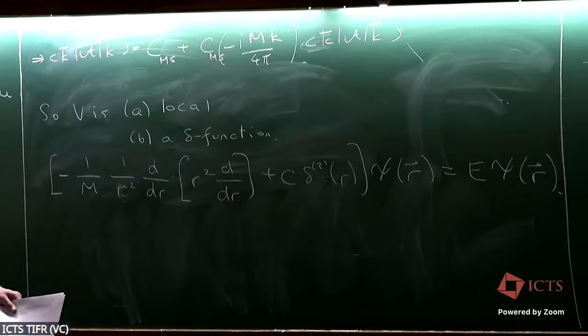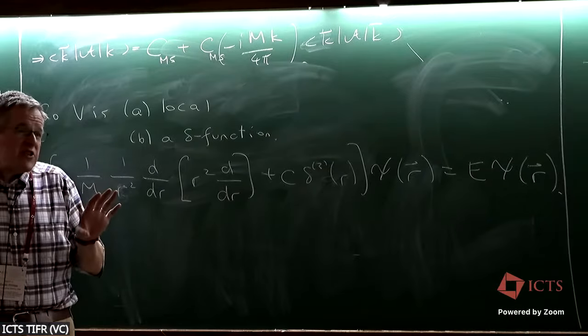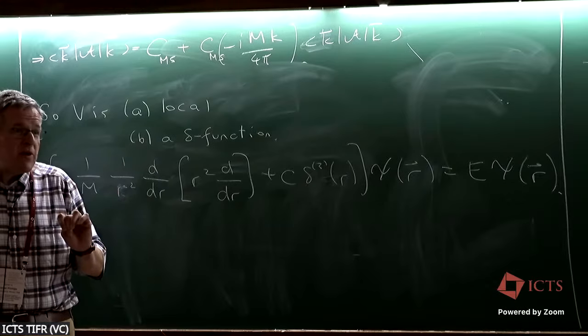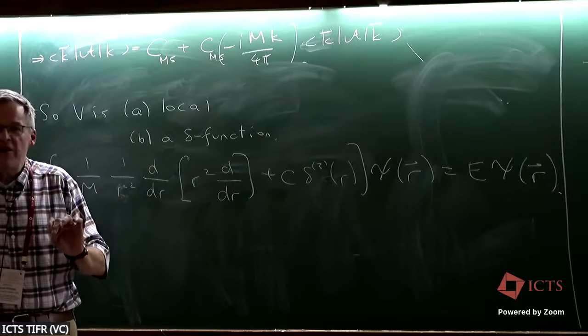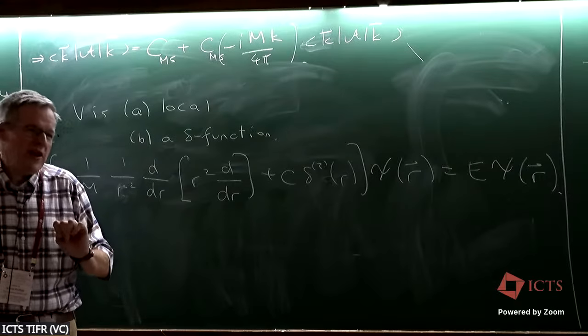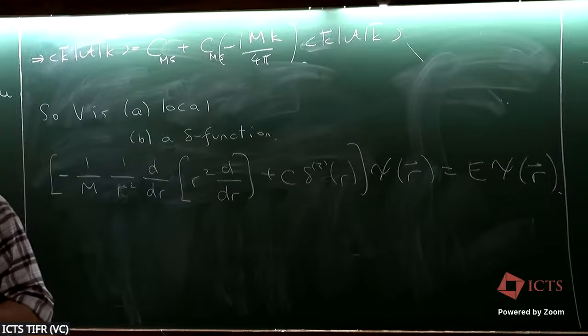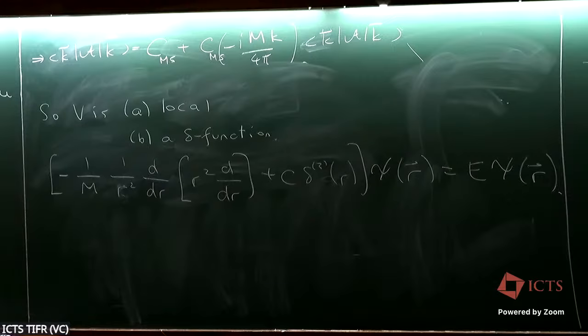I just did a little 20 minutes on delta functions with my E&M graduate class. And I said, what is the most important thing about a delta function? There are two things you need to know about delta functions. What's the most important thing? Well, tell me anything you know about delta functions.